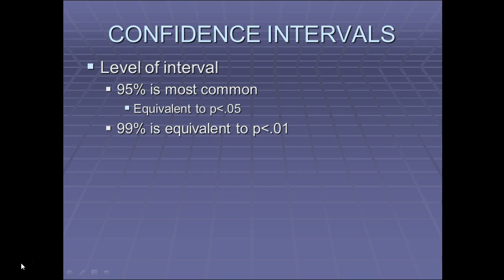You can also set the confidence interval at 99%. And so what we would say is that we're 99% confident that that true value of the parameter lies somewhere within the confidence interval, right? And so as you increase your level of confidence, the more stringent that becomes.